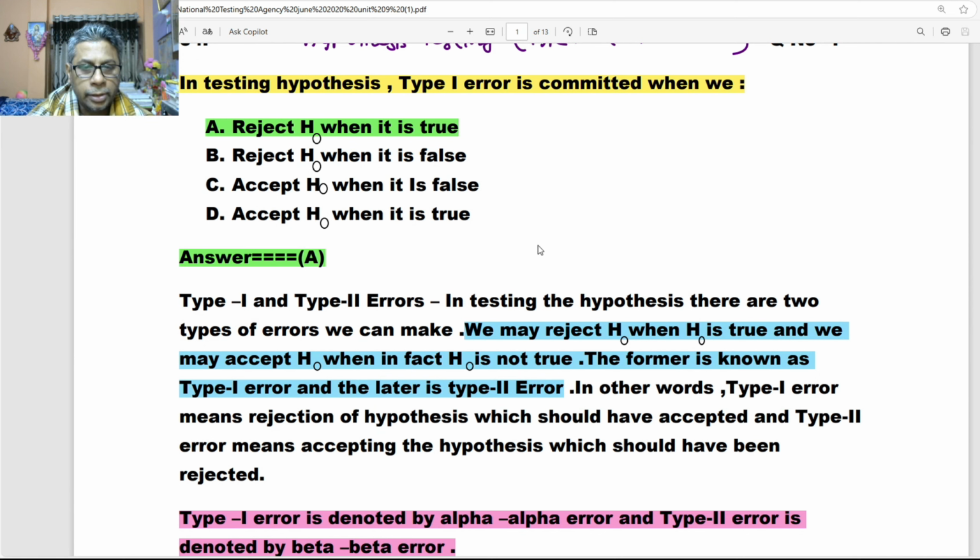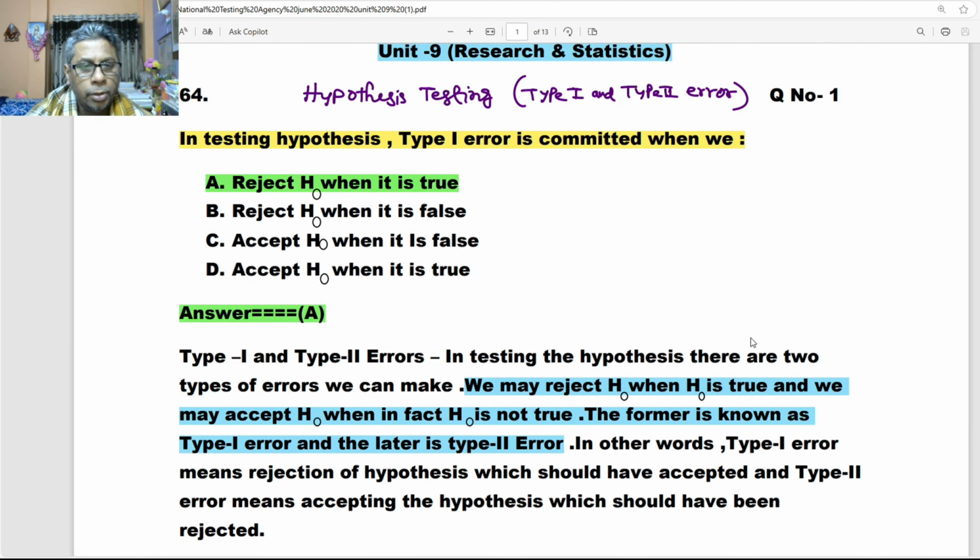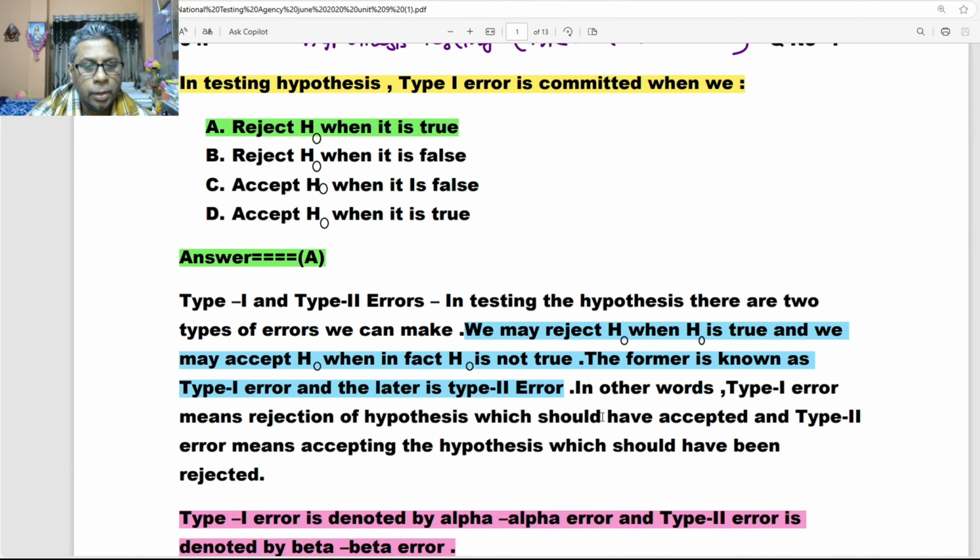We may reject H0, H0 meaning the null hypothesis, when H0 is true. Or we may accept H0 when H0 is false, when in fact H0 is not true. The former is known as type 1 error and the latter is type 2 error.